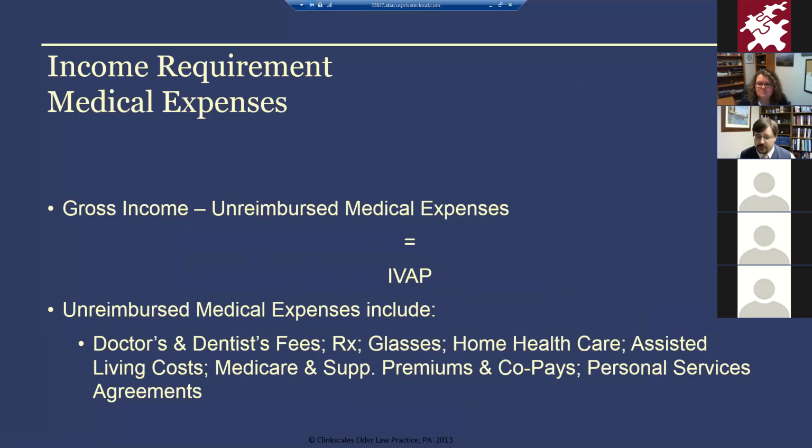One thing to know, if you're working in an assisted living facility, or even maybe an independent living facility that provides a little bit of medical care, then if you have a veteran, that veteran may be eligible for assistance for the medical portion of the services that are being provided.